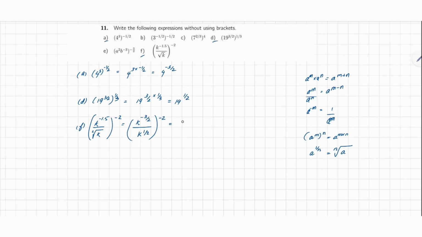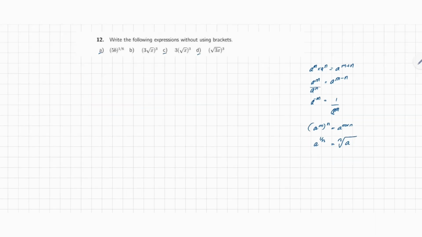We can simplify this. We have k to the power minus 3 over 2 minus 1 over 2 raised to minus 2. We're using this formula. So we have k to the power minus 4 over 2 raised to minus 2. That gives us k to the power minus 2 raised to minus 2, which can be written as k to the power minus 2 times minus 2, and that's k to the power 4, which is our final answer.